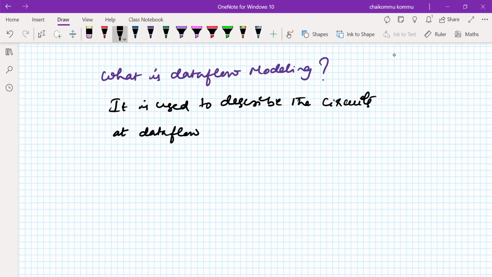Data flow is nothing but when the data is flowing from one place to another place, we only need to concentrate on input output behavior. If these are the inputs, this should be the output produced. But this relationship exists based on mathematical operators. That means input and output are related with the help of some operators.